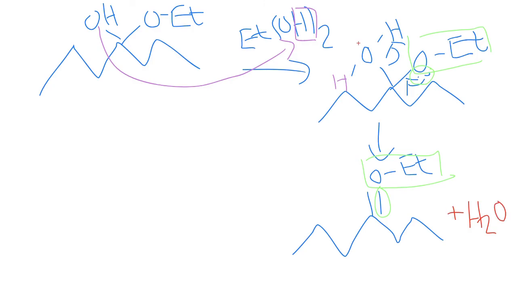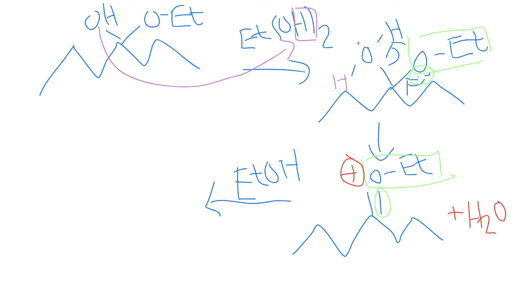Okay, and this is a protonated ether group. Protonated ether group, or a protonated carbonyl group, is a very good electrophile. So what's going to happen if we have a very good electrophile is we'll have another nucleophilic attack by another ethanol moiety.